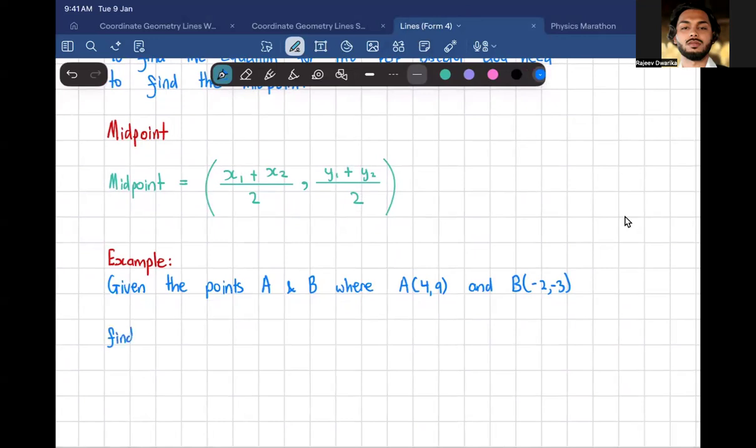Find the midpoint. Find the midpoint. Okay, so I want you all to try that.